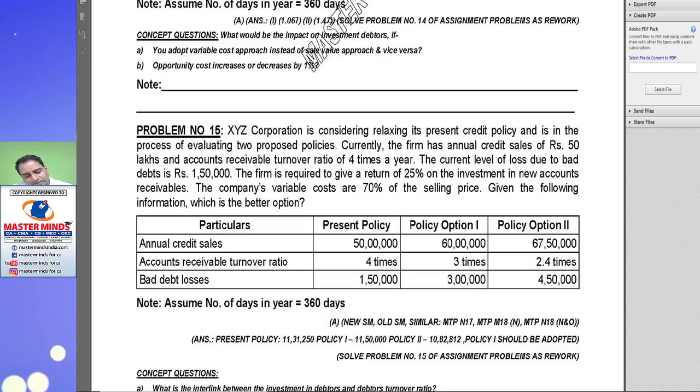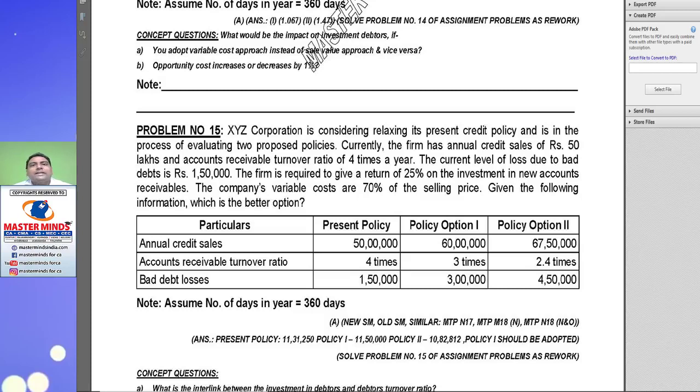The firm is required to give a return of 25% on the investment in new accounts receivable. That means opportunity cost is 25%. The company's variable costs are 70% of the selling price. So variable cost is equal to 70% of sales.